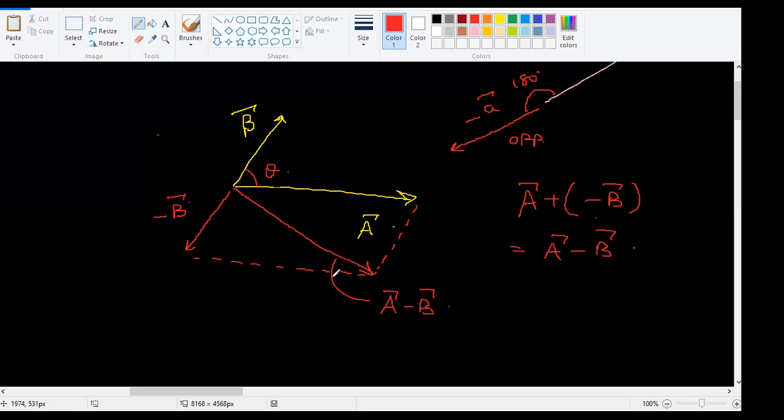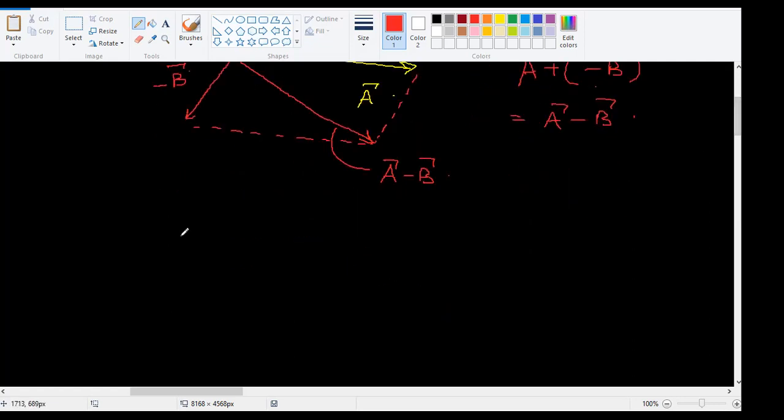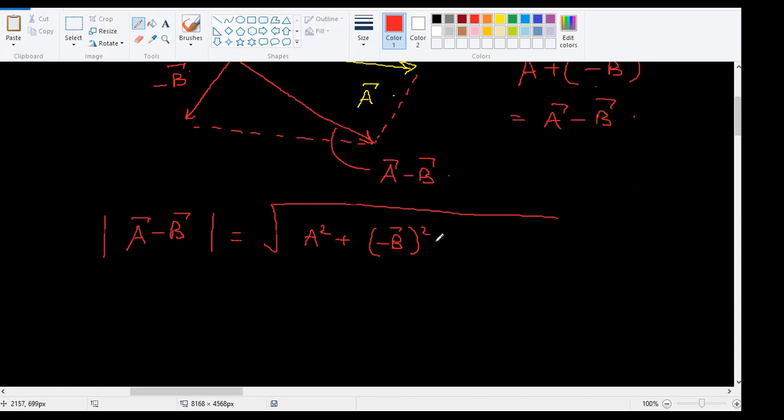So that is your a minus b. What this means is, if I want the a minus b resultant magnitude, I can simply use the same formula which we found earlier, which is square root of a squared plus b squared plus 2ab cos theta.